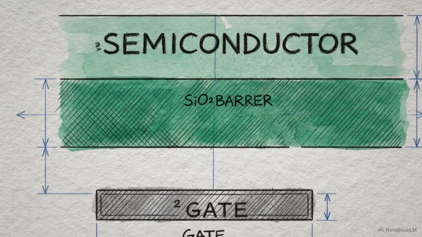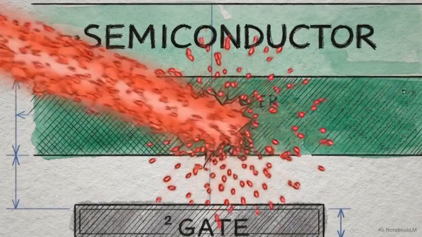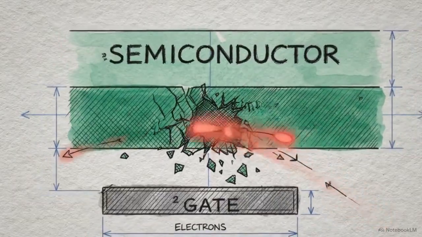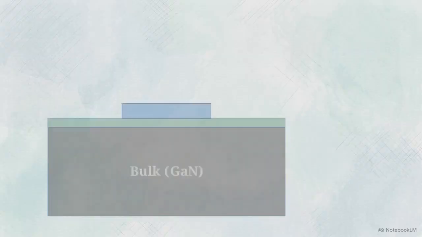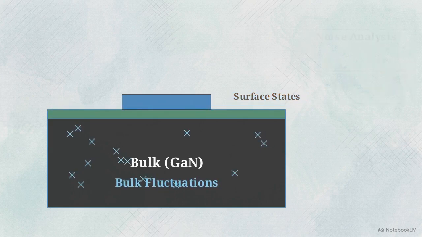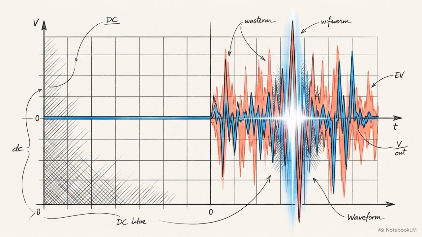The silicon dioxide layer is physically obstructing the path of the electrons, preventing them from migrating from the gate into the AlGaN layer. To see if this improvement is a surface-level change or a change in the bulk material, we turn to noise analysis. The DC data demonstrates the scale of the leakage suppression, but spectral noise analysis identifies the physical location of the defects responsible for it.